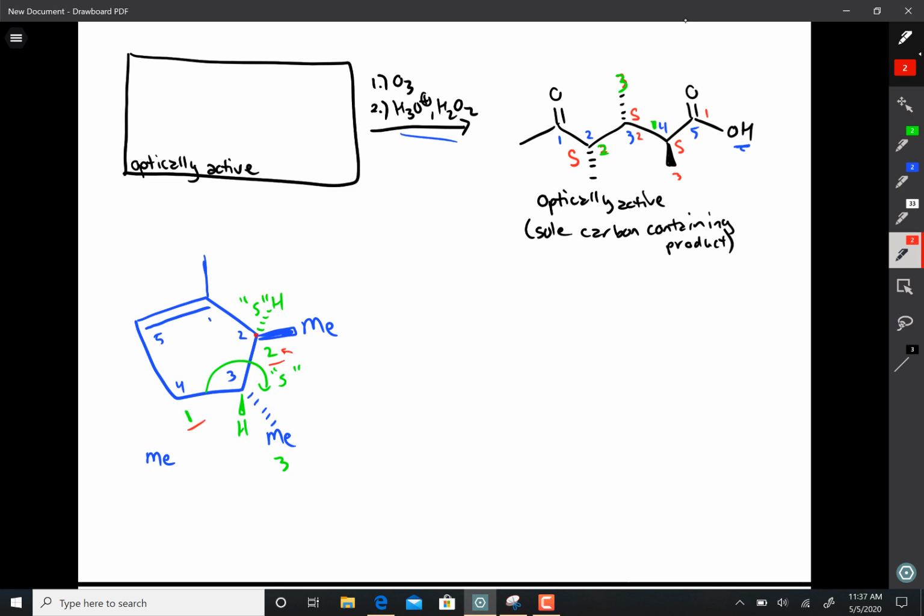But when you do the reaction and cleave this, the higher priority switches to carbon 4 because of this group. That's why it's vitally, vitally important that whatever priorities you use in the product, you're using in the starting material, regardless if they're actually the real priorities.